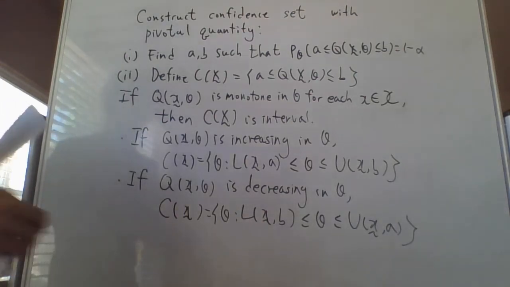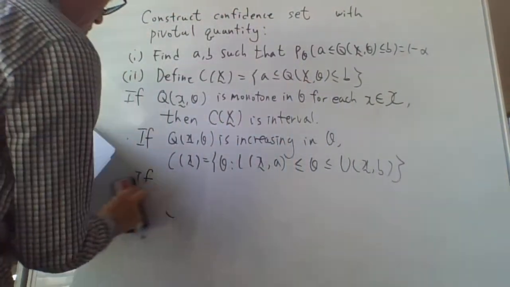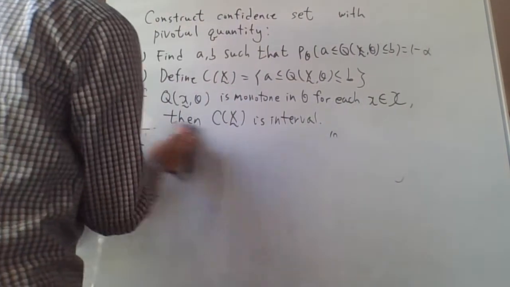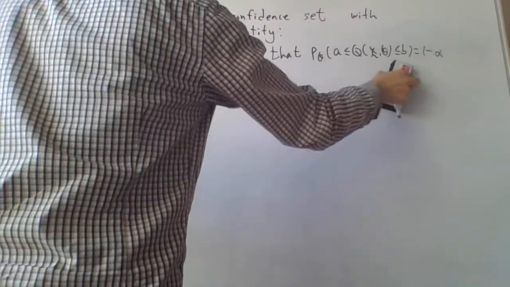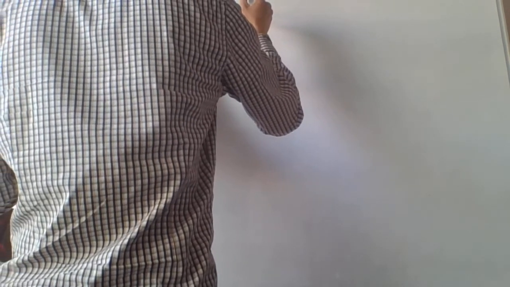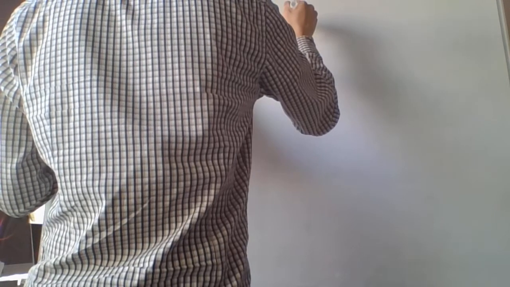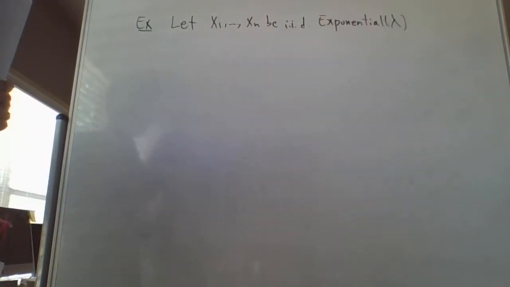So let me give an example. Let X1 to Xn be IID exponential(lambda).